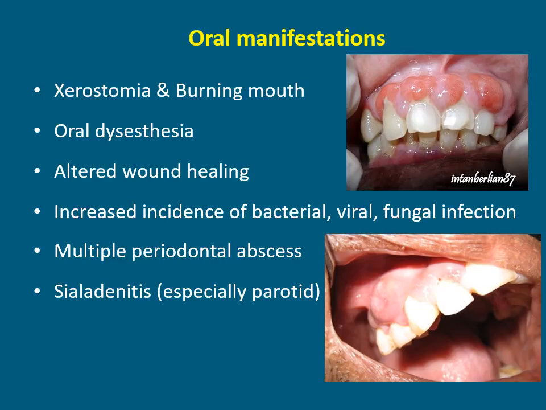Xerostomia, burning mouth, oral dysesthesia, altered wound healing, increased incidence of bacterial, viral, fungal infection. Multiple periodontal abscesses, sialadenitis, especially in the parotid areas. See the periodontal abscess: gingival infections, abscesses are there.